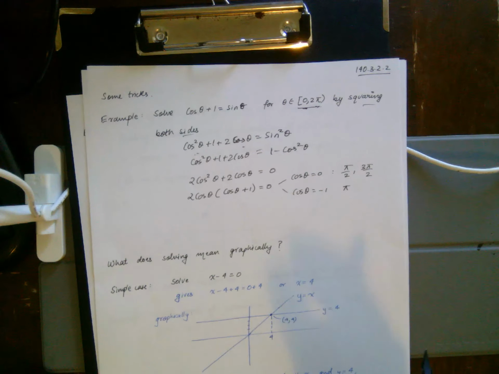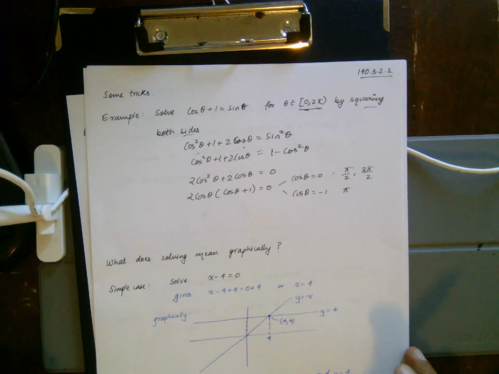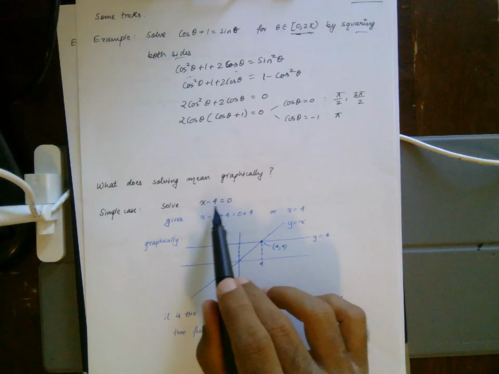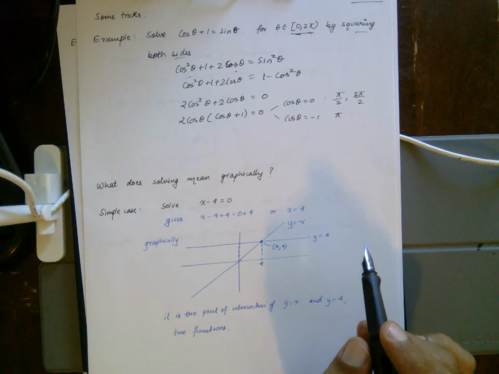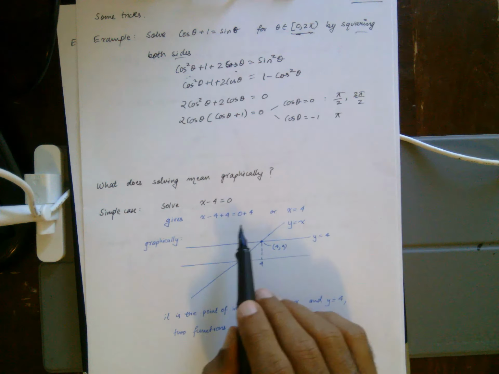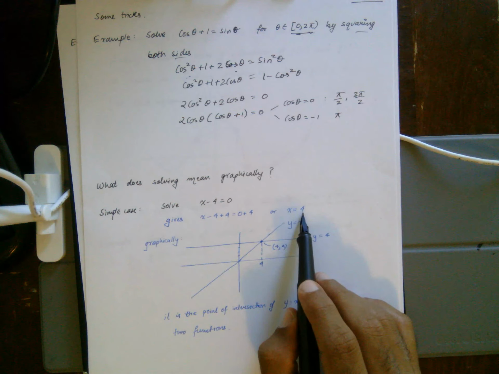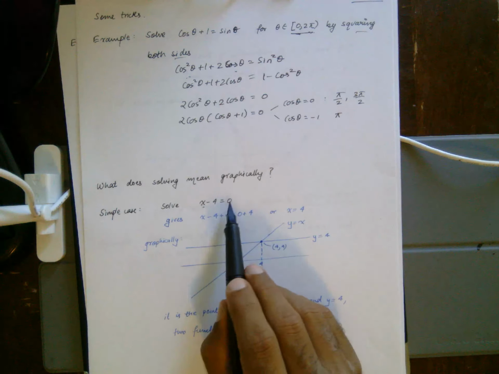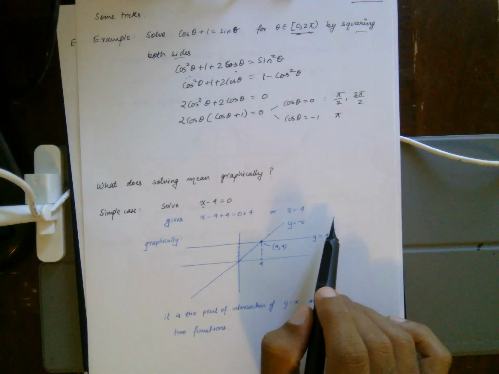Now when we are solving equations, not just trigonometric equations but any equation, what does it mean graphically? For example, solving x minus 4 equals 0, algebraically it gives me x equals 4. This means the value of x for which this statement is true is 4.